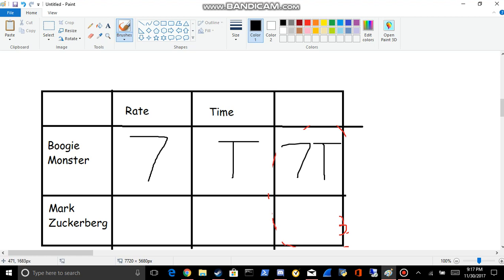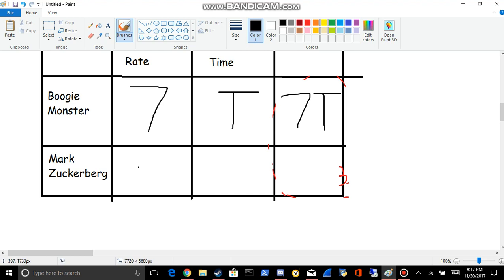So that's why there's t alone and the time was unknown. For Mark Zuckerberg, he was going 2 miles per hour, and the time variable would be t plus 3. Now, this would be an equation that you would need to distribute later. So it would have 2 parentheses t plus 3.